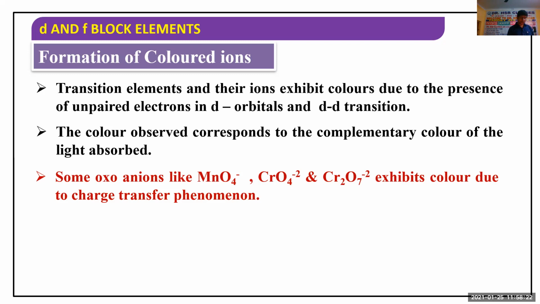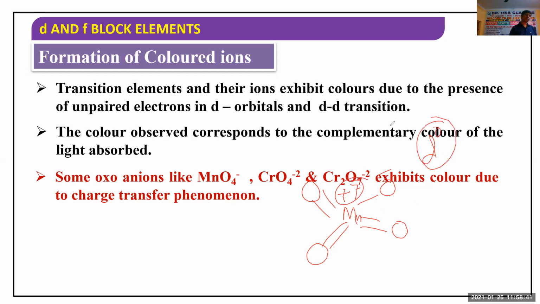What is charge transfer? A complex like this has a double bond and a single bond. Manganese is in the +7 state, so the d orbital is d0 here.